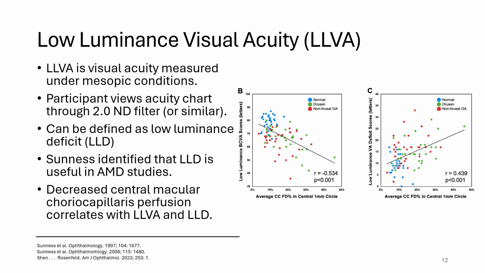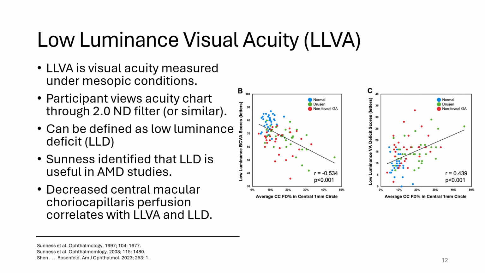luminance deficit, or LLD. Janet Sunness developed this acuity test back in the late 1990s and revealed visual deficits in geographic atrophy that were not revealed with a photopic acuity test.